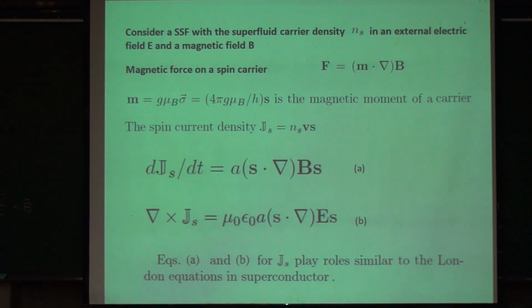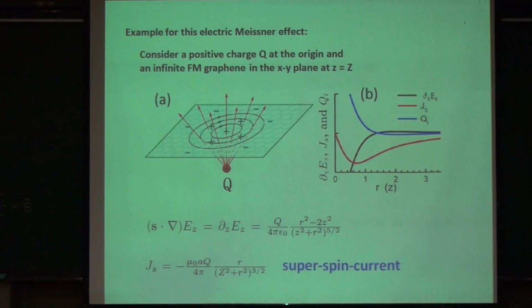Again, it's consistent with what we talked about at the beginning: if you have a spin motion, it will create an electric field. So in a spin superconductor, you will screen the electric field gradient.